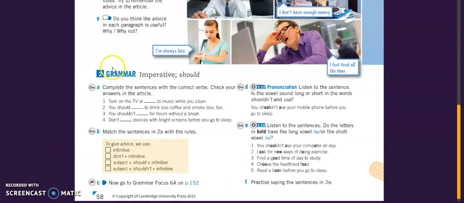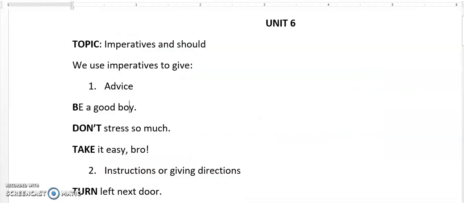In the next part we are going to start with the grammar points with imperatives and should. We are going to need another part in Word over here. So we are going to see that imperatives are very useful for life, and we are going to start with different uses of imperatives, imperativos.